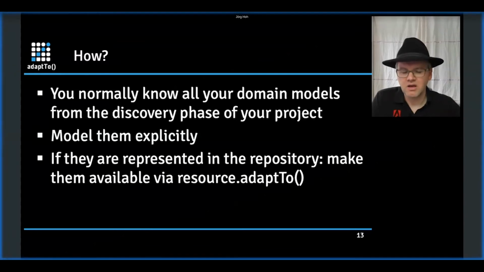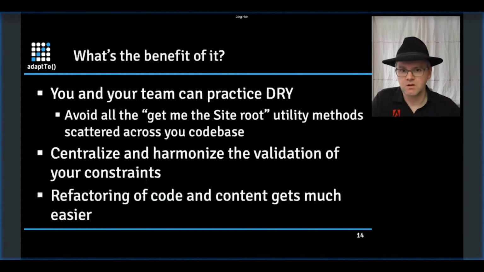Because if they are just available from some unknown factory classes, no one will use them. If you just say, okay, adapt resource to whatever feature you want to have, that probably gets better traction, and it's probably better used by your fellow developers.